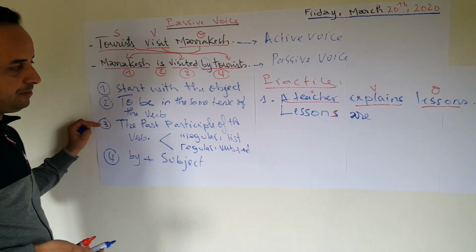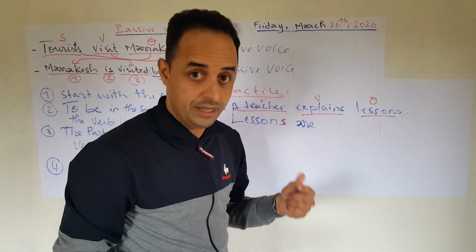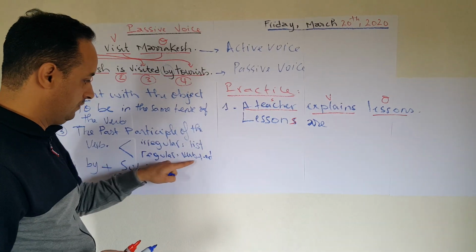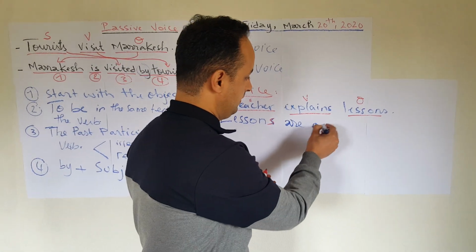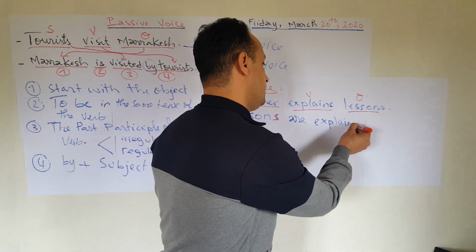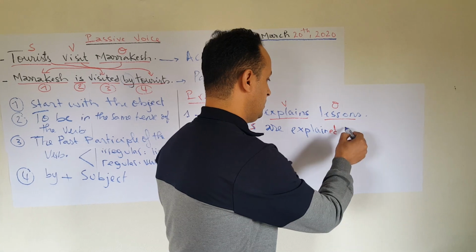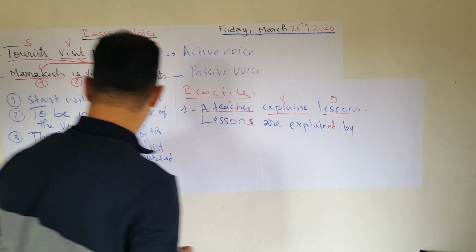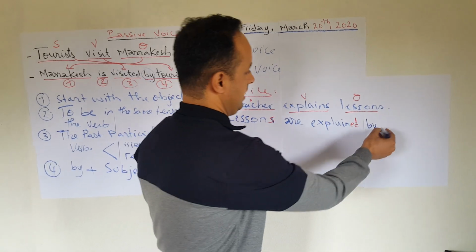That's number 2. Step number 3 is the past participle of the verb. The verb explain is a regular verb. Then you need to use the verb in the infinitive, without to, of course, and you add ed. Explained. And finally, number 4 is by plus agent. By plus agent, which is a teacher.